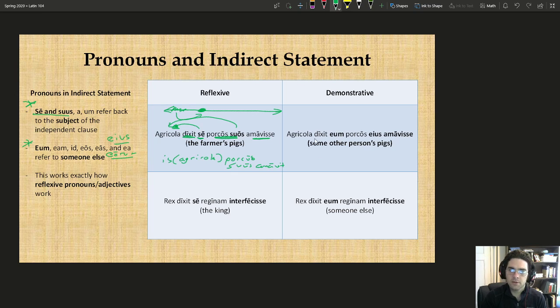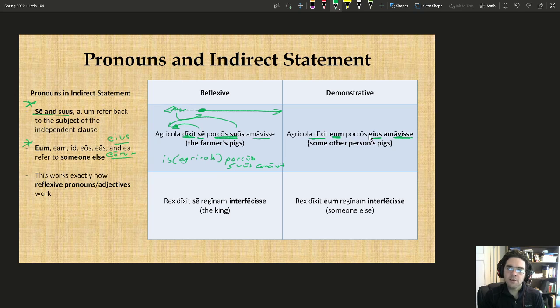Okay, now let's take a look at this next version, and I just switched a few things around here. So the farmer said, so we still have our perfect tense here and our perfect infinitive, but he said that he, i.e. some other person, so eum does not refer back to agricola, but refers to someone else, loved his pigs.